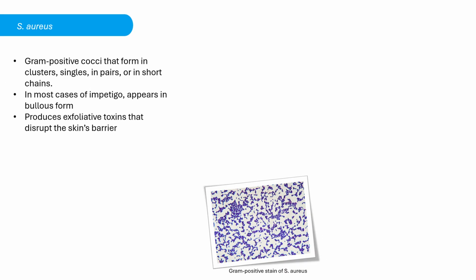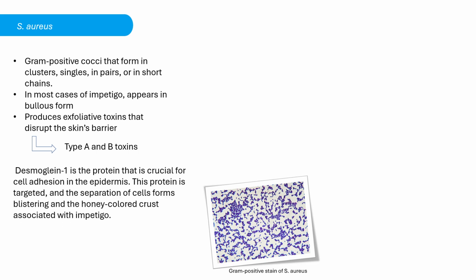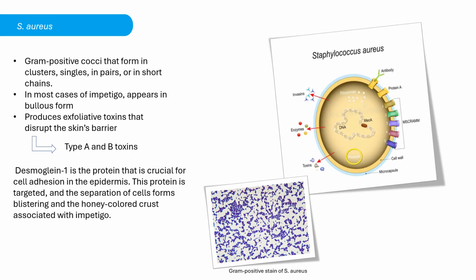It produces an exfoliative toxin that disrupts the skin's barrier, and this toxin has both type A and B. Desmoglein 1 is the protein that is crucial for cell adhesion in the epidermis. This protein is targeted, and the separation of cells forms blistering and the typical honey-colored crust that is associated with this disease. And to the side, this is a picture of the bacteria, and this is a gram-positive stain.